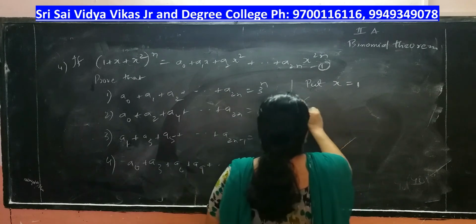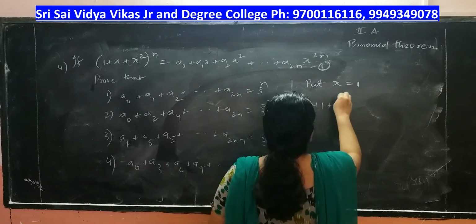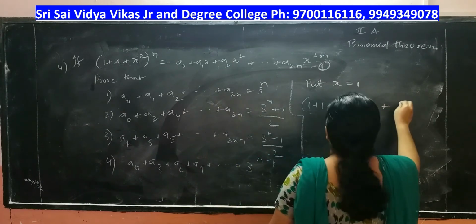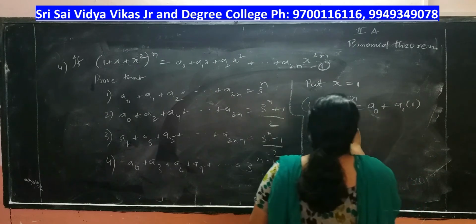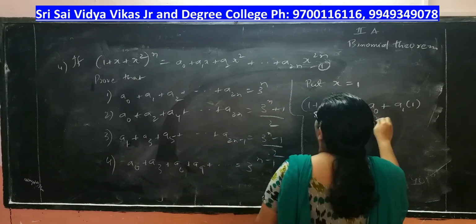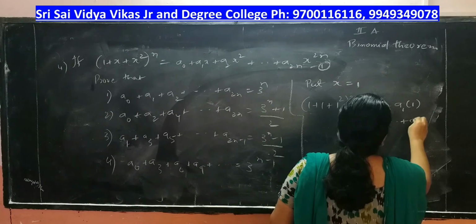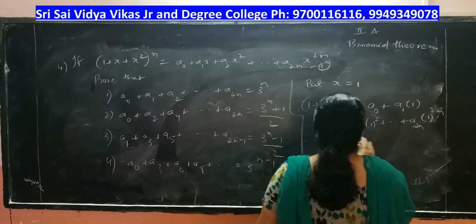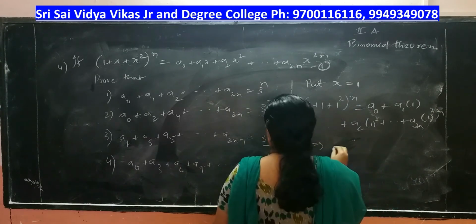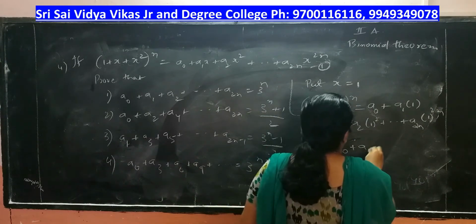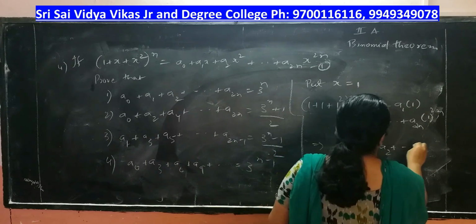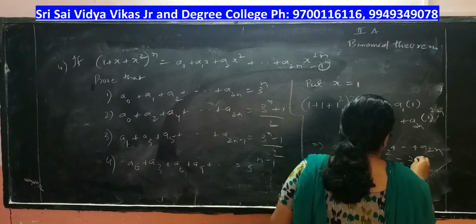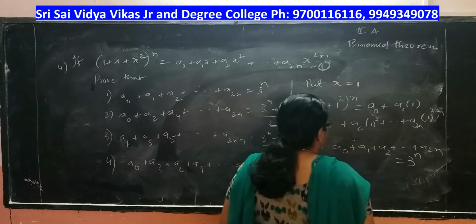You have (1 + 1²)^n is equal to a0 + a1 into 1 + a2 into 1² + and so on up to a2n into 1^(2n). So this is nothing but a0 + a1 + a2 + and so on up to a2n is equal to 3^n. That is the first part.